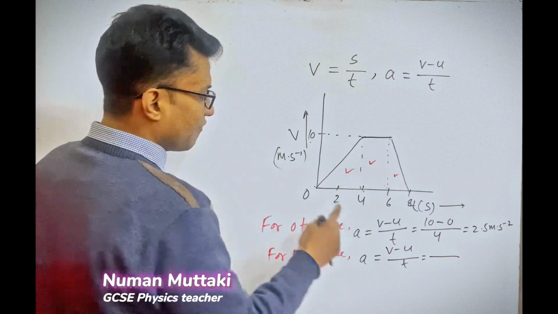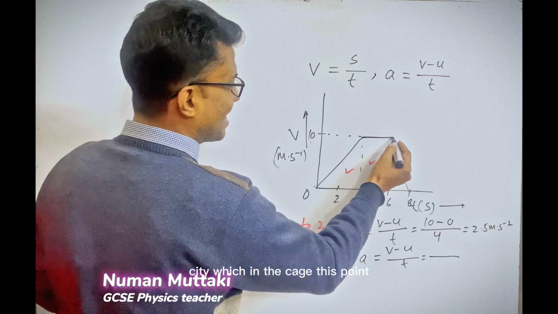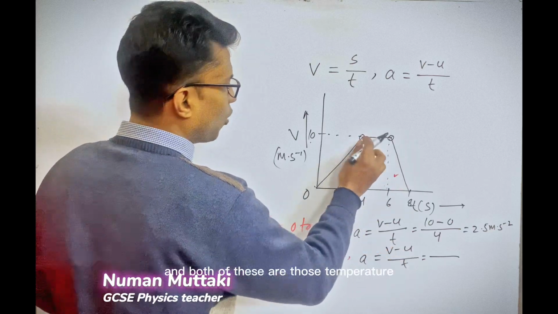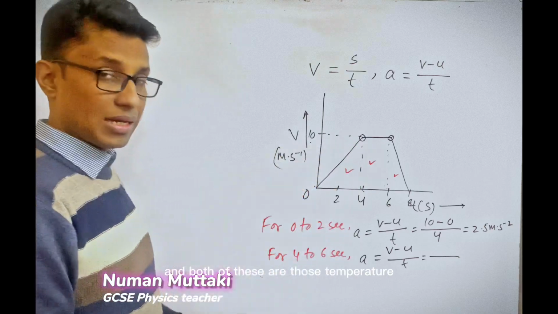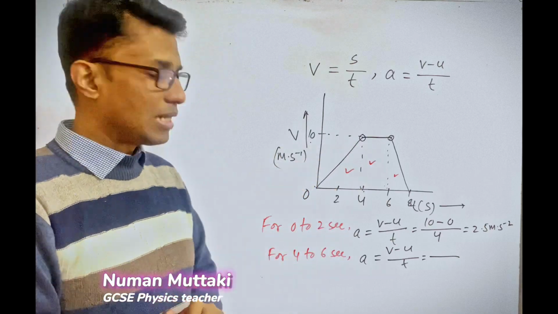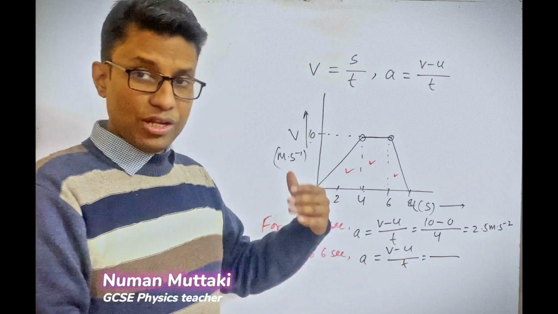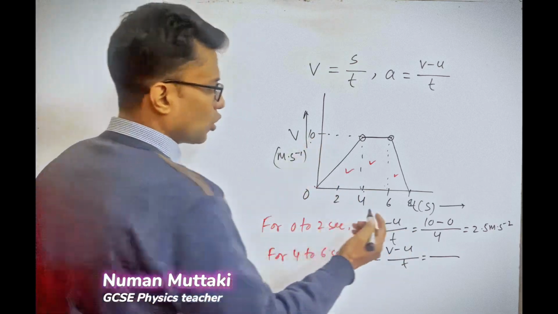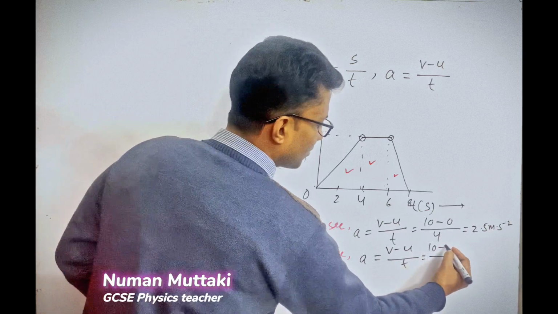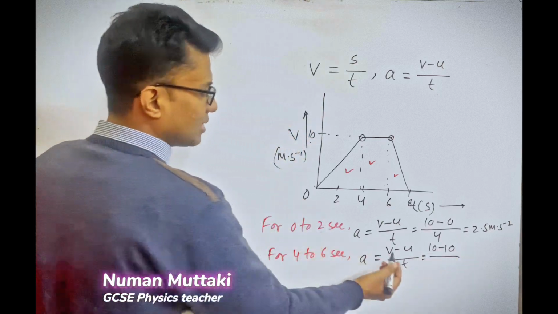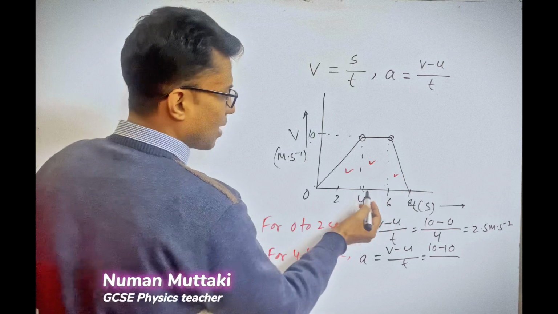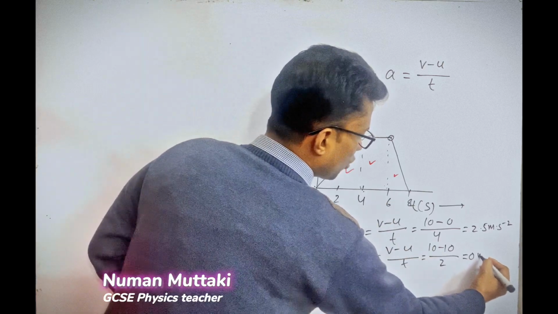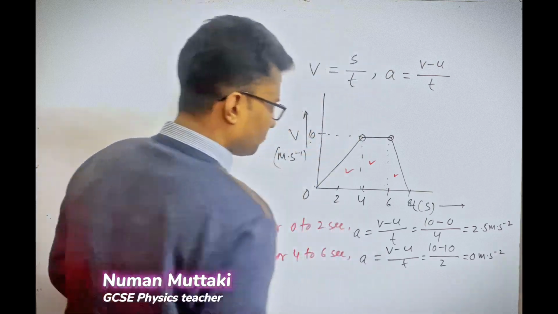That means the final velocity, which indicates this point, and the initial velocity, this point, are both 10 meters per second. That means there is no change of velocity. So we write 10 minus 10, and the time t is 6 minus 4, that means 2, and the answer is 0 meters per second squared.